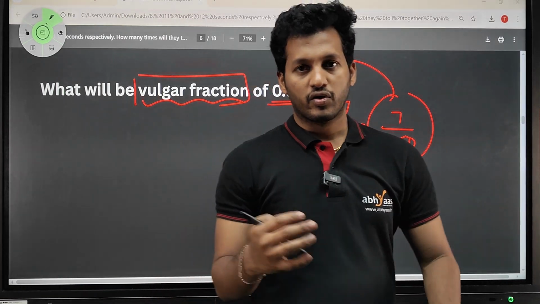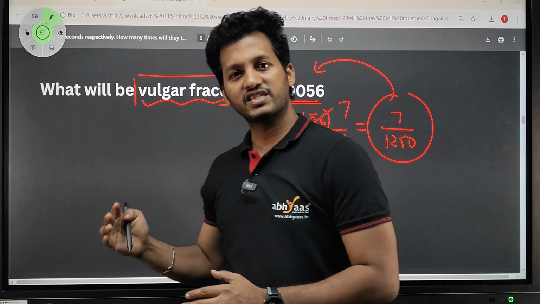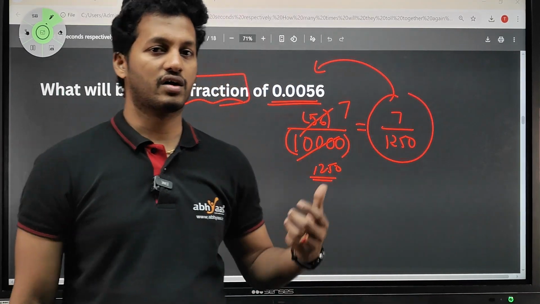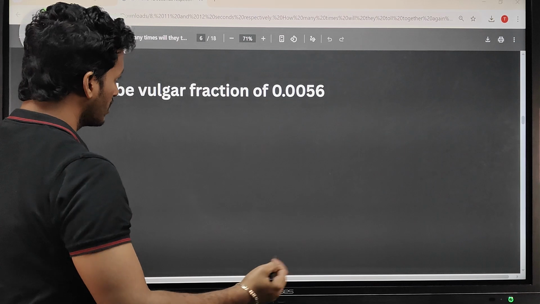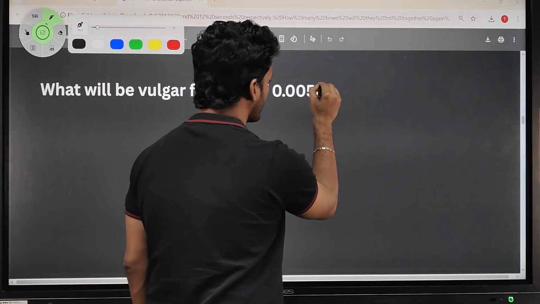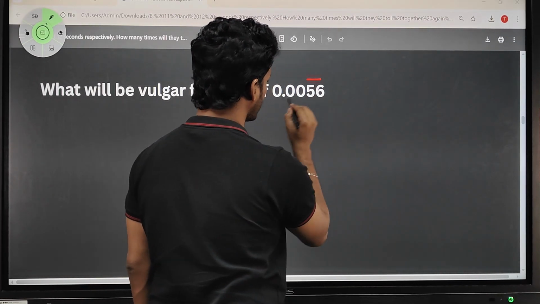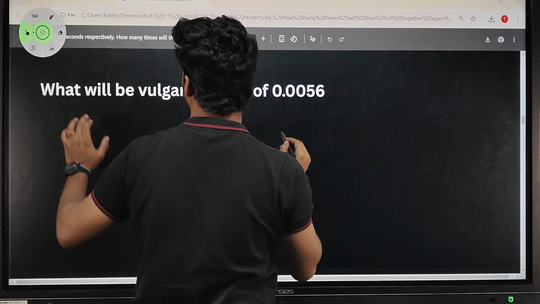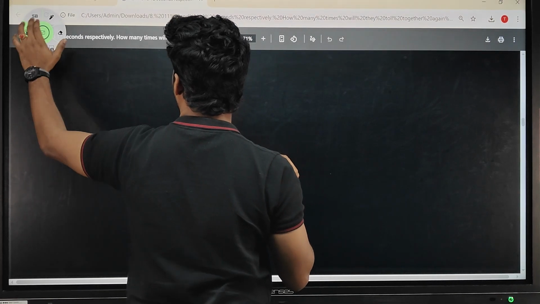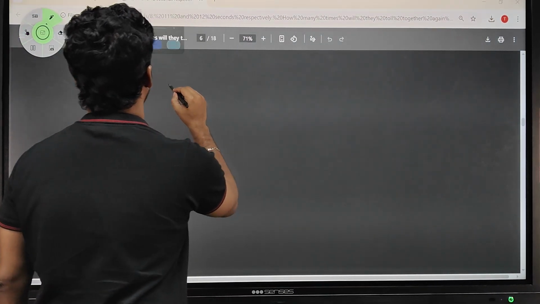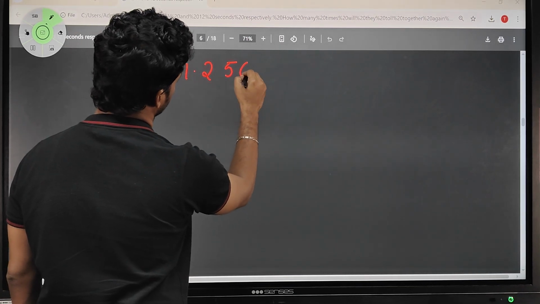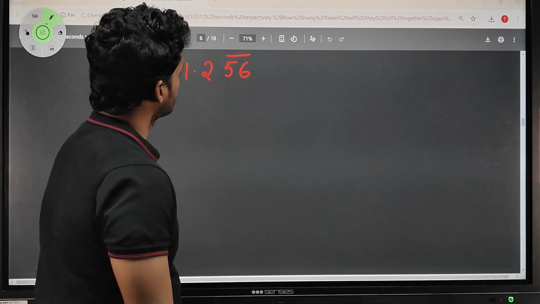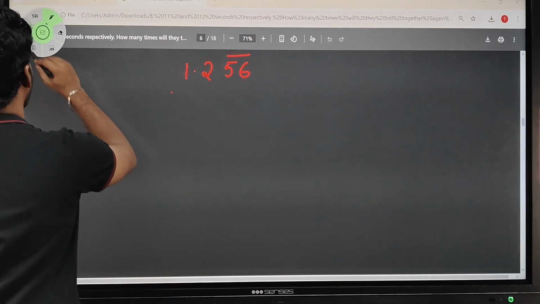But we are expecting a recurring decimal problem in the IIM exam. So let us use another number: 1.256 bar.